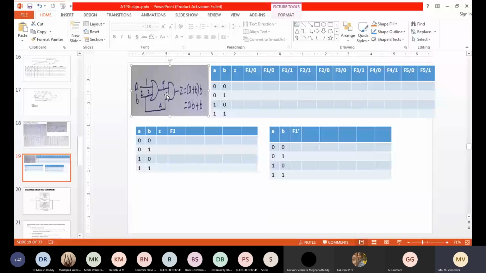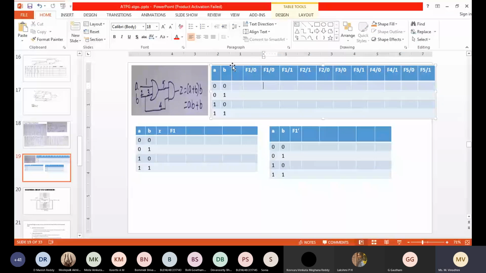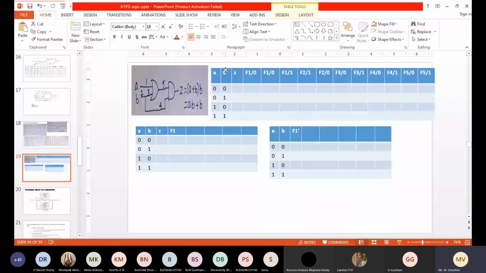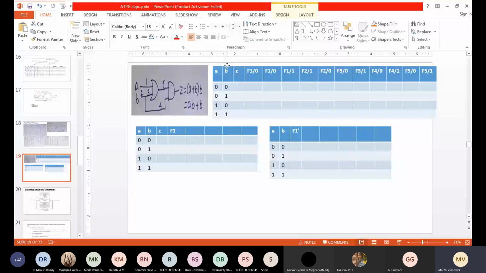So now first I need a table. This table is known as the fault table. Remember, students, this table is known as the fault table. What entries should be there in the fault table? A, B is the primary input of this complete circuit, and Z is the output. So primary input and primary output alone you have to enter here.